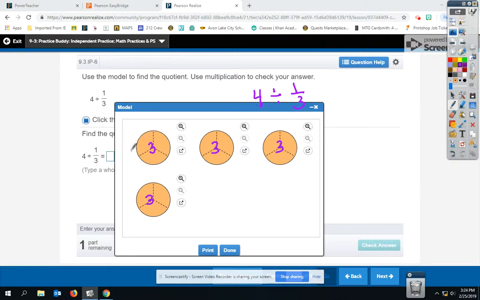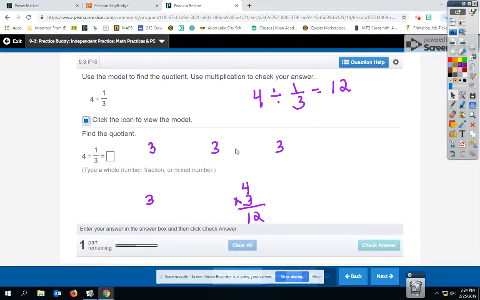That would be the same as saying 4 times 3, which is 12. Which means if we took 4 wholes and divided them up into thirds, there would be 12 thirds in 4.